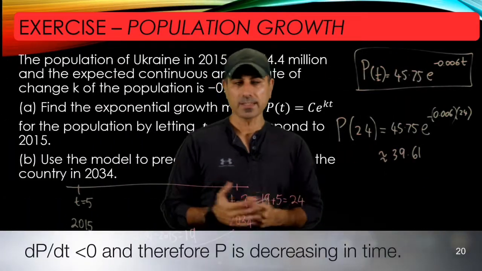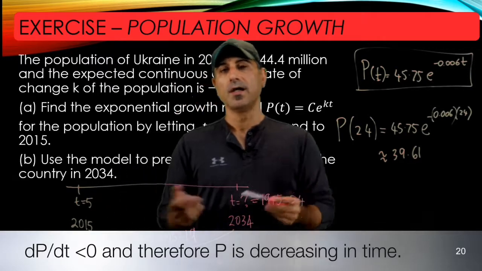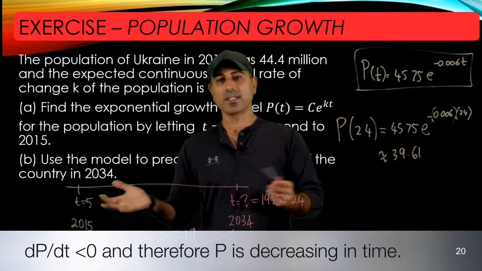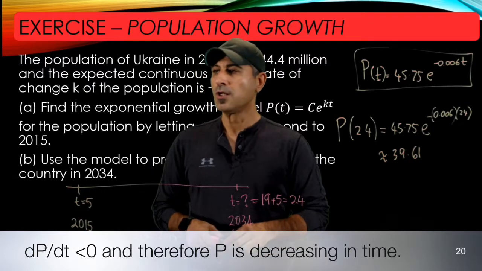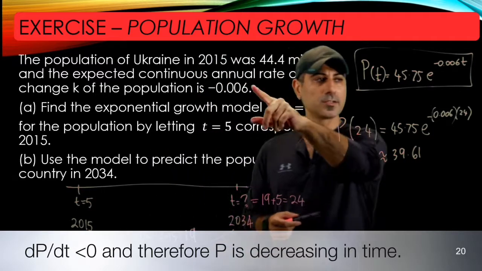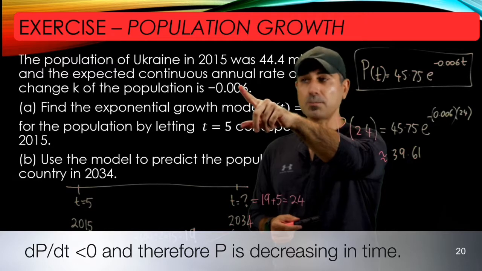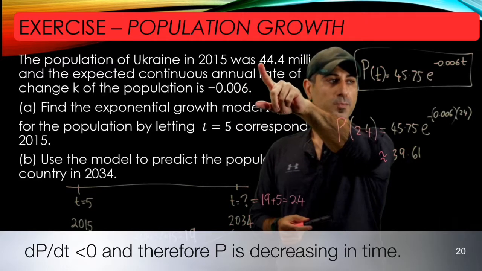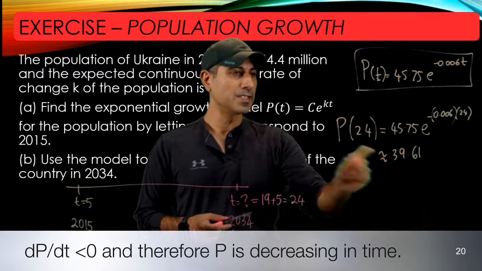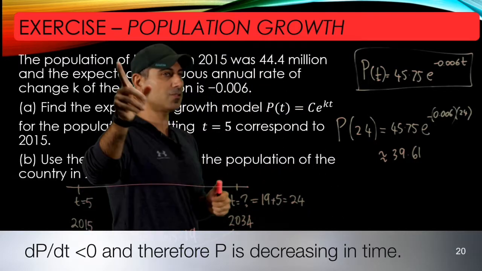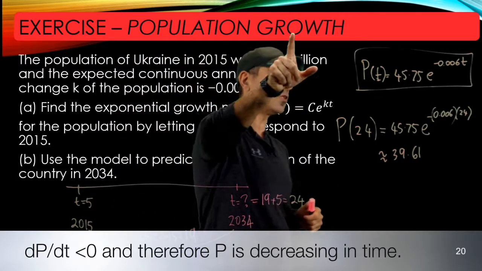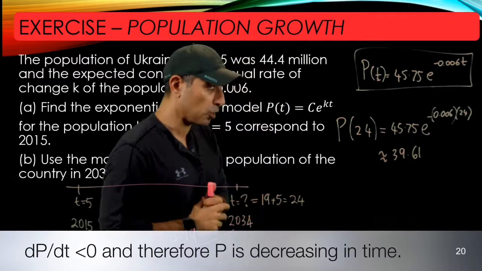And that also answers part C, because the question was asking us to relate the sign of k to the rate of change. Well, since the rate is negative here, the population of 44 million decreases all the way down to 39.61. So this is in fact a population decay problem instead of a growth problem.